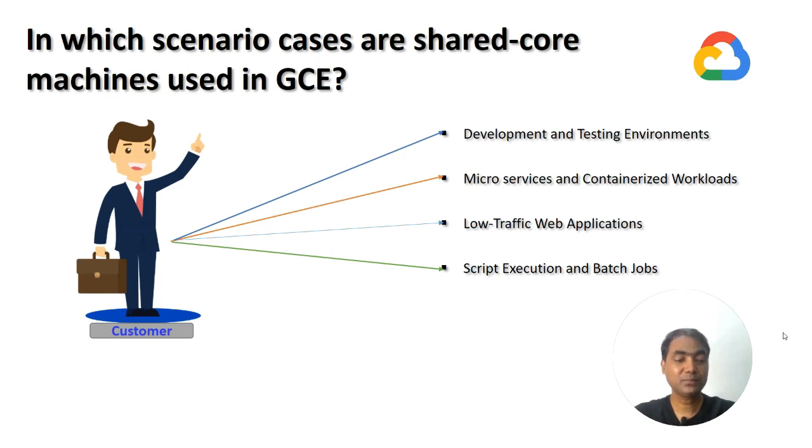For another example, script executions and batch processing jobs. Tasks such as script execution, batch processing jobs and lightweight data processing jobs that do not require significant computing power can benefit from shared core instances. Now guys, you understand in which scenarios shared core machines can be beneficial for your project requirements.